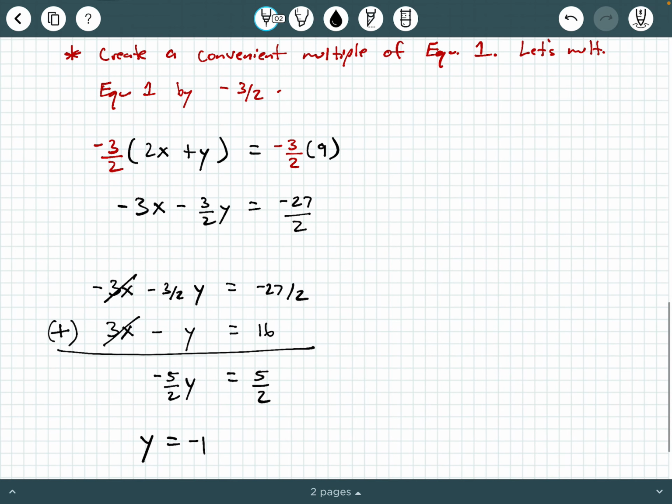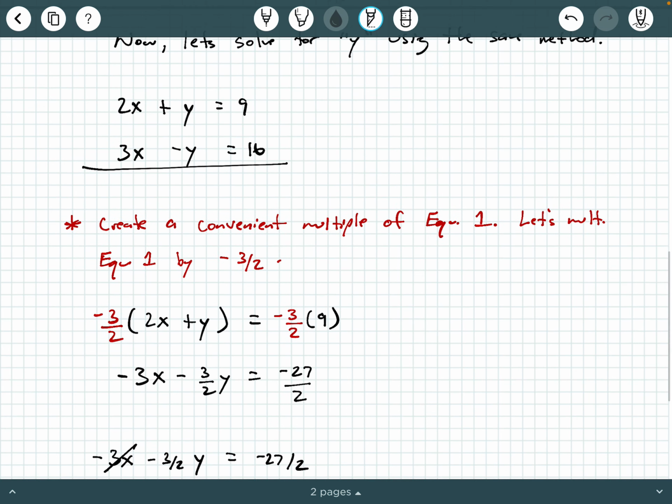Now, a couple of little comments, okay? How did I know to come up with this negative 3/2? How did I make that up? No, I didn't really make it up. You just have to kind of think, what can you multiply one equation by in order to cancel one of the terms in the other equation?